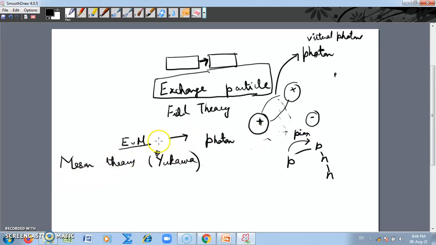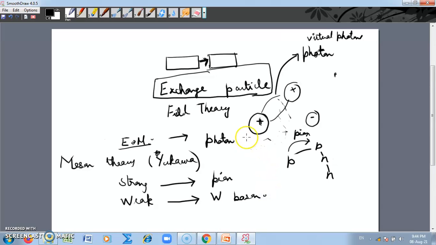So for electromagnetic force, the exchange particle is the photon. For strong nuclear force, the particle is the pion. And for weak interaction, there is another particle called the W boson. These are accepted facts, and they have been proved to be true.